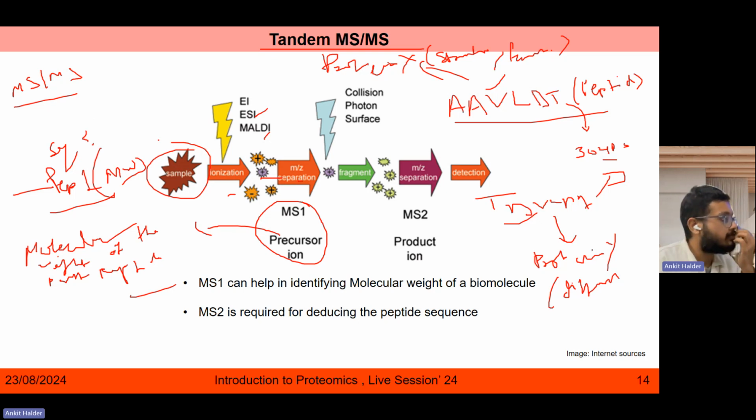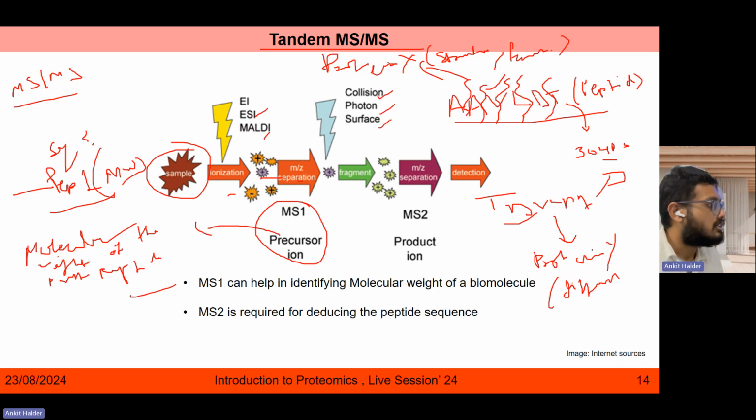So how does it do that? It will further fragment this particular peptide using collision.